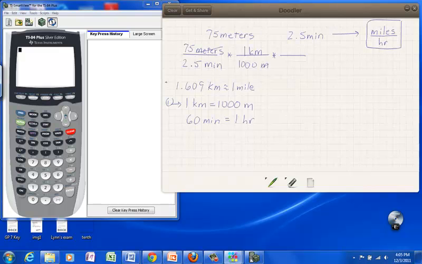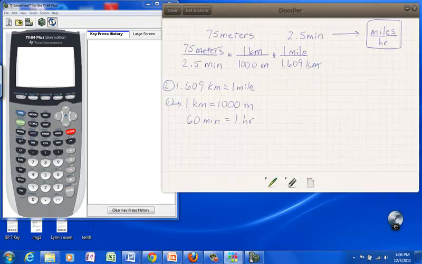So now I'm going to use this fact that says I can get from kilometers to miles if I use 1.609 kilometers. And I want that in the denominator so that those will cancel. And that's equal to 1 mile. I usually write a mile so that I don't get the meters and the miles confused. Most science classes will use just an M for meters, so I say M for just meters.